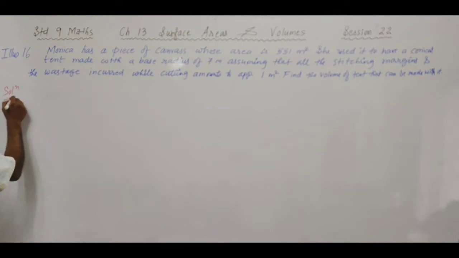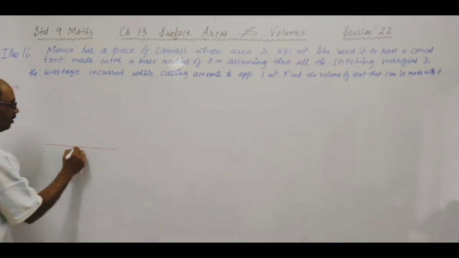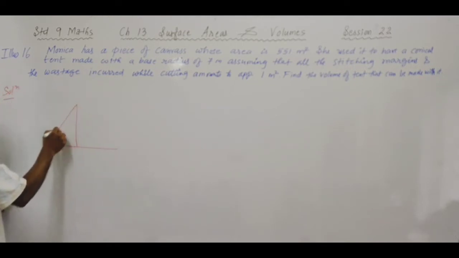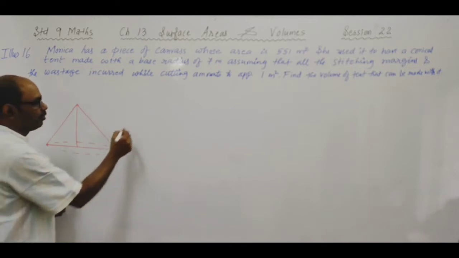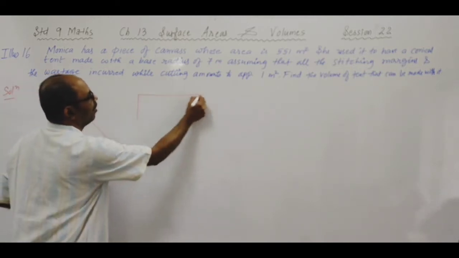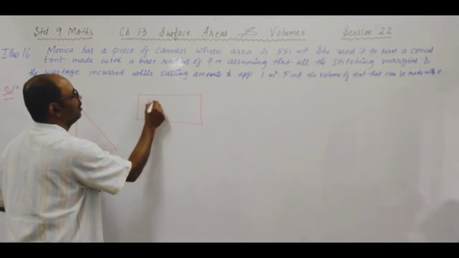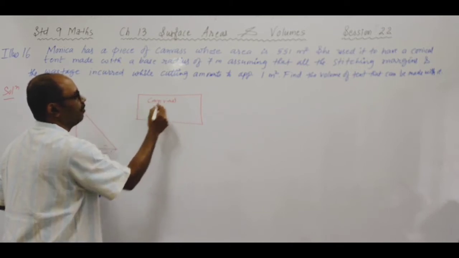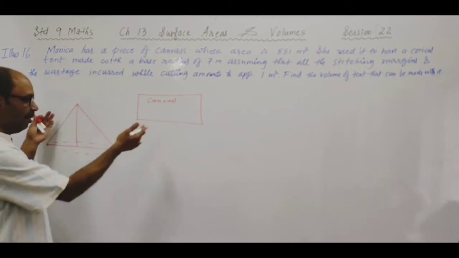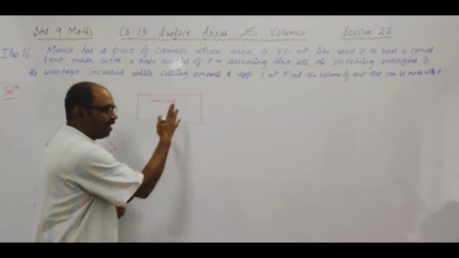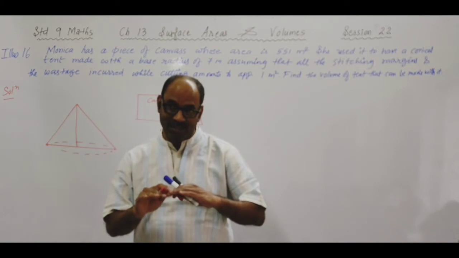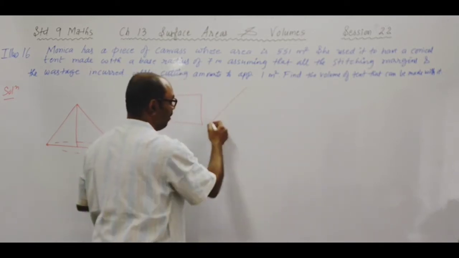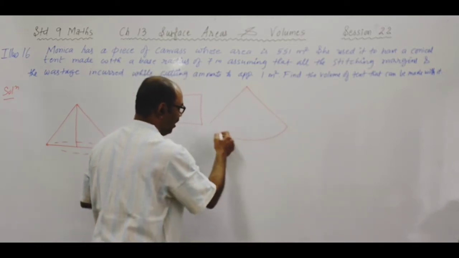Solution. I'll draw the figure first. टेंट की बात कर रहे हैं तो ऐसे ड्रॉ करेंगे. This is the tent. उसके पास जो कैनवास था वो कुछ ऐसे शेप का था. This is canvas, of course bigger. Now this is cut into different pieces and then stitched to form this shape.